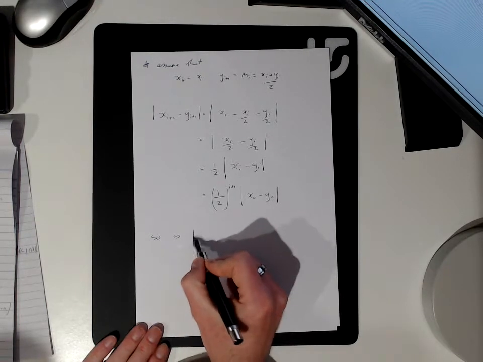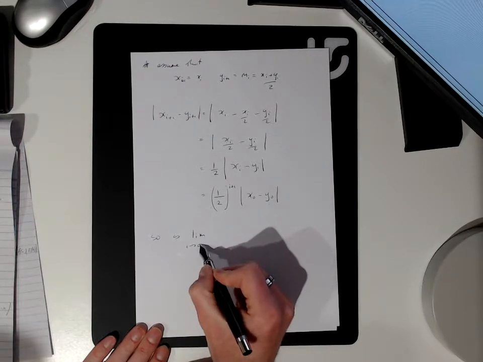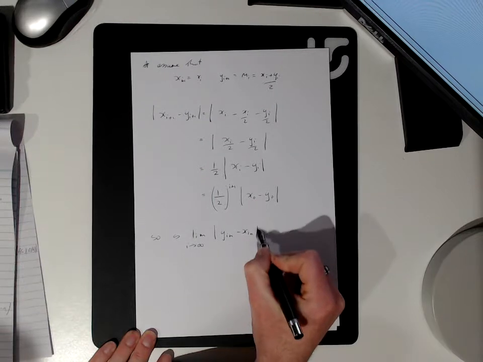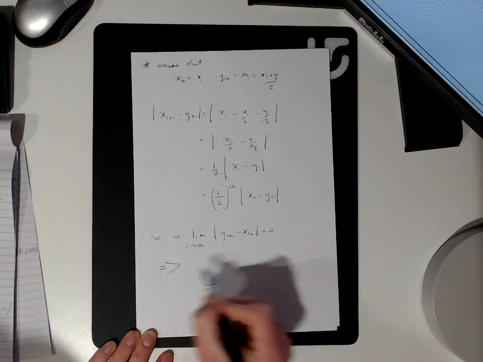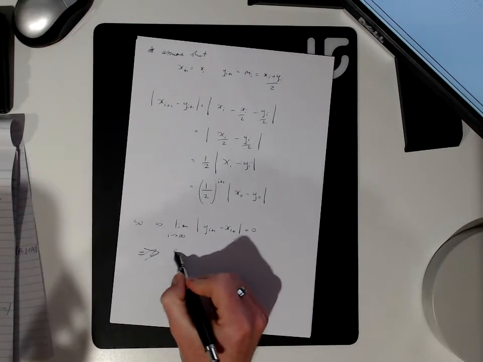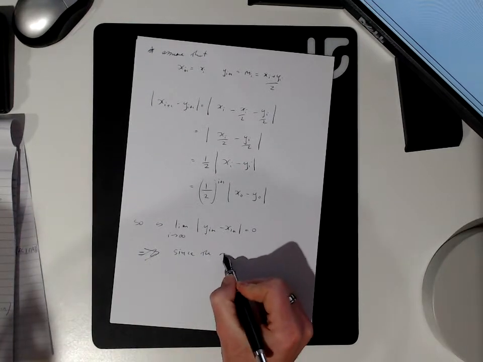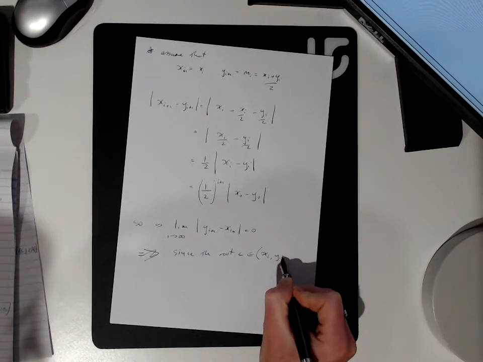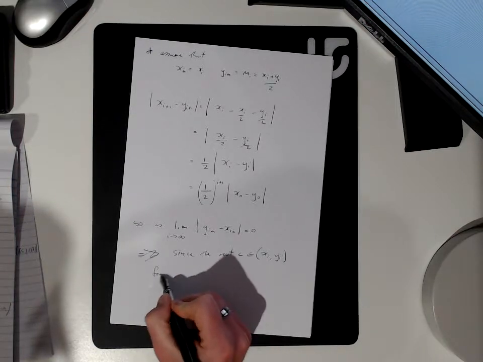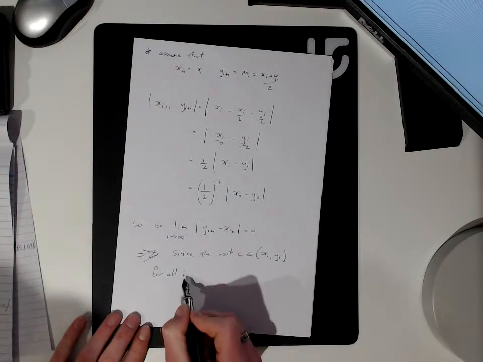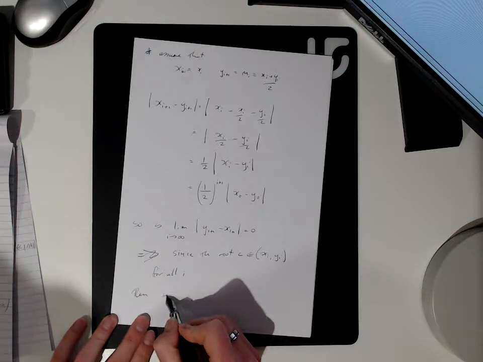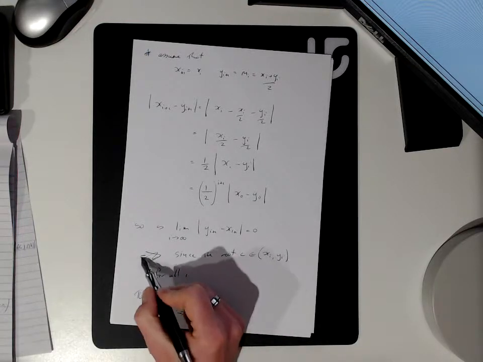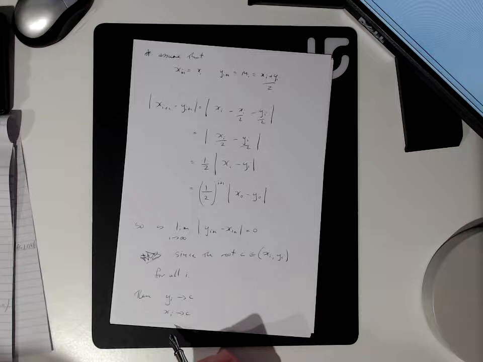So as the limit as i goes to infinity of the absolute value of x(i+1) minus y(i+1) equals 0. And that implies that, since we know the root c is an element of the interval [xi, yi] for all i, then yi has to converge to c, xi has to converge to c. So that proves that the technique will work.